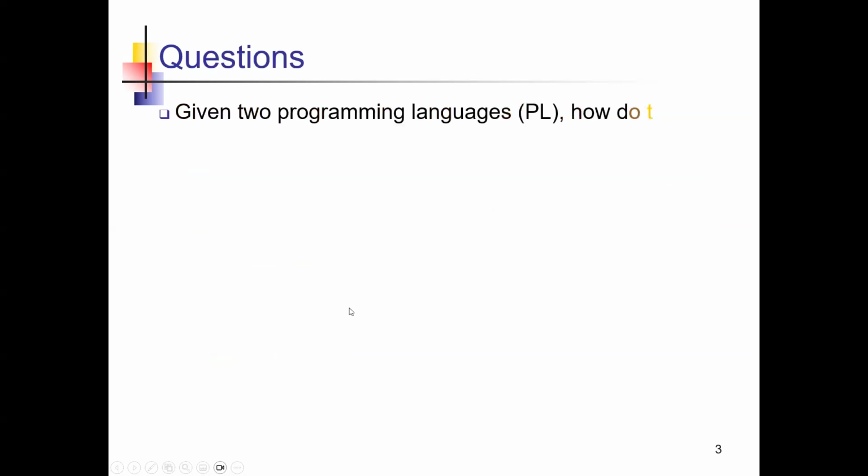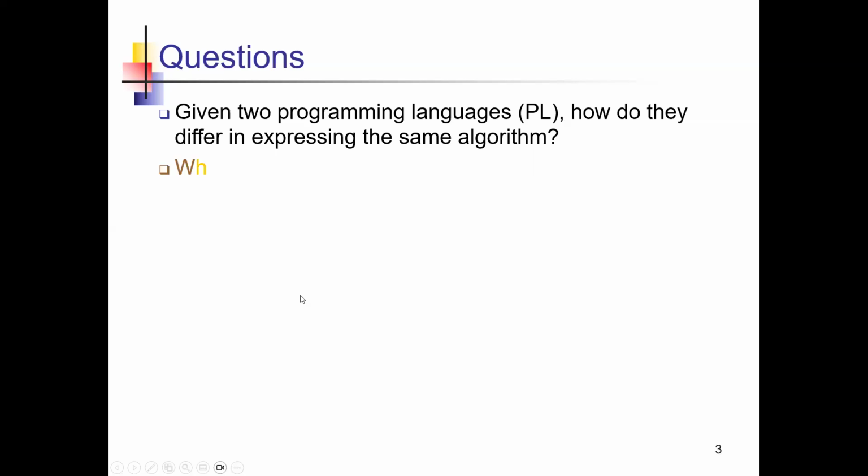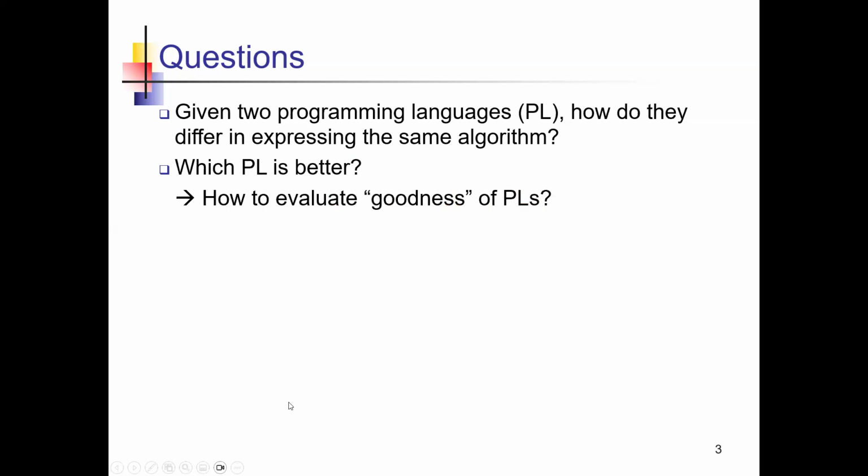So we have a first question. For example, given two programming languages, how do they differ in expressing the same algorithm? So these are some of the questions we are going to face in this course. Also, which programming language is better? And also how to evaluate the goodness of programming languages.